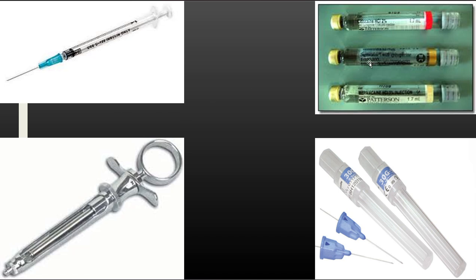We have the local anesthesia itself, and we have the needles. Now, the needles we will find that we have long and short. The long ones are used for the infraorbital block, for the inferior alveolar nerve block, and so on. The short one for infiltration. We have the gauge.